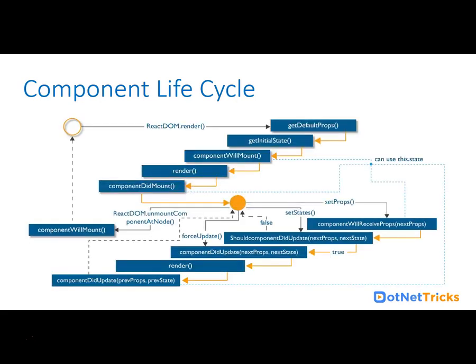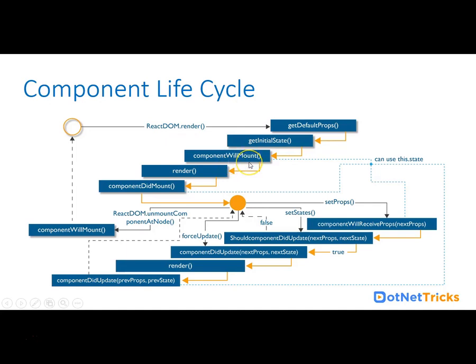This is the entire component lifecycle diagram. As I discussed, the lifecycle starts from the initialization phase, where getDefaultProps executes to initialize the default value to this.props. Then getInitialState gets executed to specify the default value to the state.